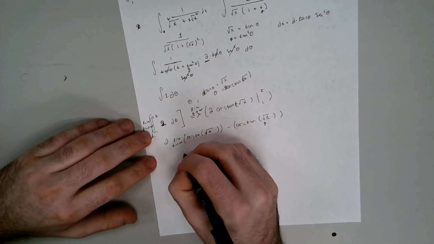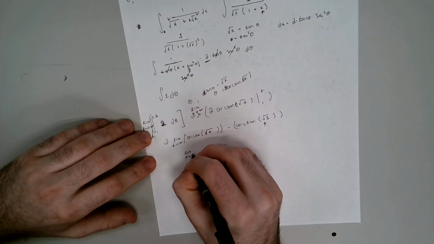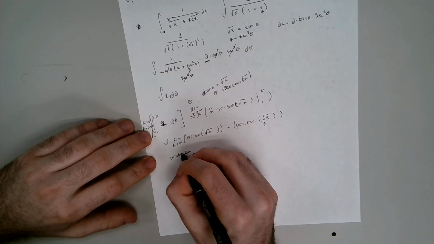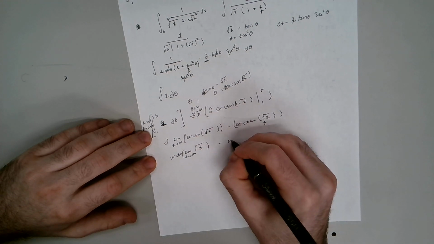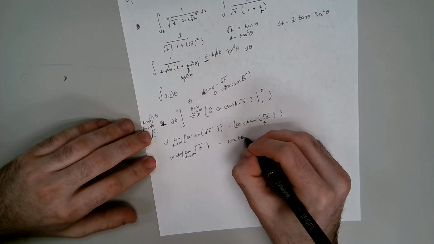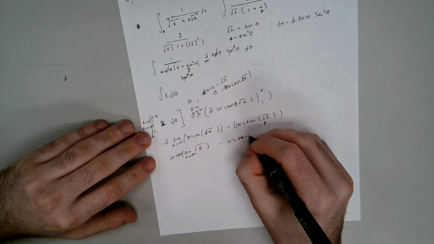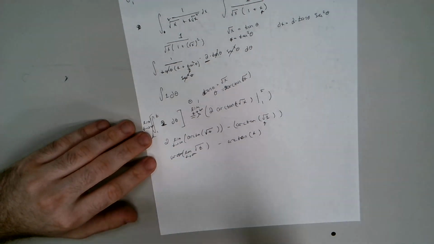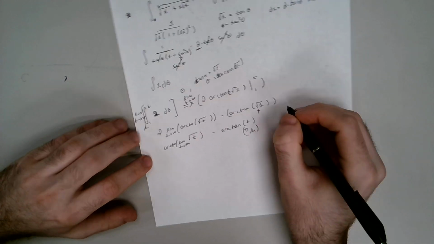So this is going to be the limit as t goes to infinity of arctangent of the square root of t, minus arctan of the square root of 1, which is going to be pi over 4. Because whenever you take the opposite over the adjacent, the time when that equals 1 is going to be at pi over 4.